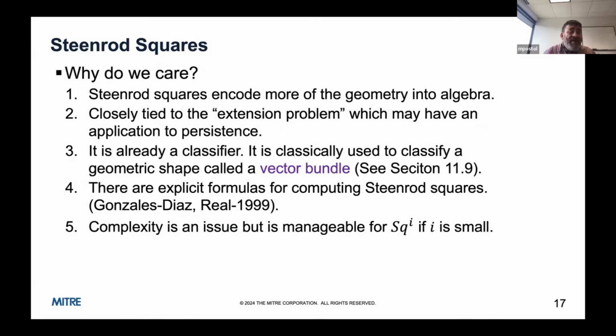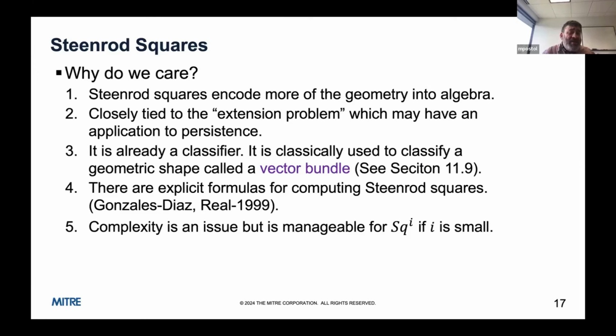Okay, so why would we care about Steenrod squares? So first of all, and again, as Steenrod himself said, you're encoding more of the geometry into algebra. It's also closely tied to the extension problem, which I still think might have something to do with persistence. And it already is used as a classifier. If you look, it's Milnor and Stasheff's book on characteristic classes.